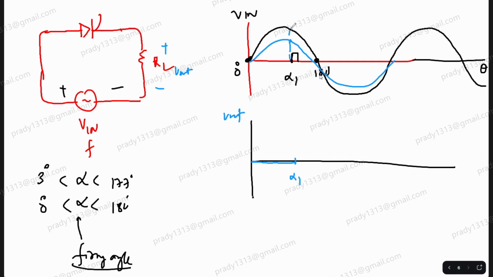So is it going to conduct? Yes, sir. At this time, let's say the voltage across the input is V1. What will be the output here? V1 only, if I ignore the voltage drop across the SCR. So can I draw like this?